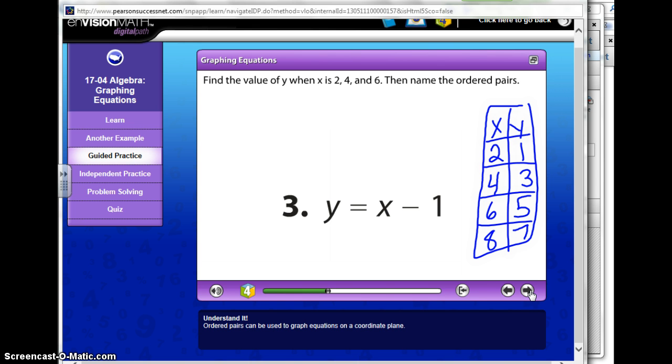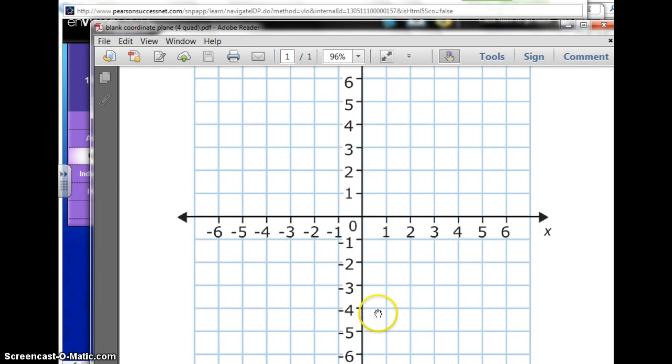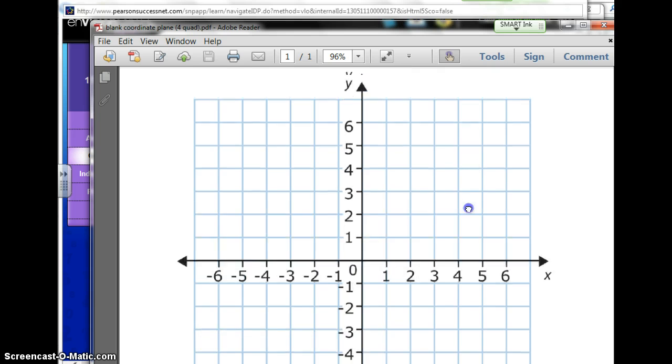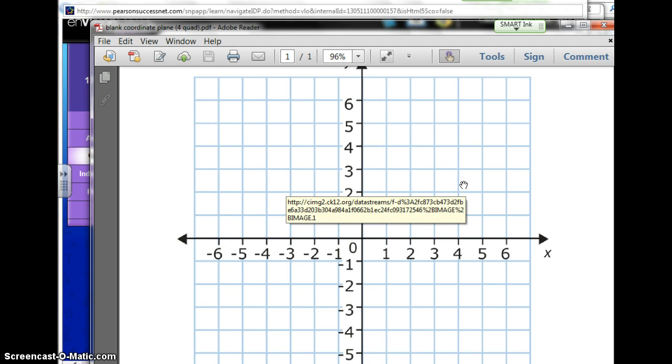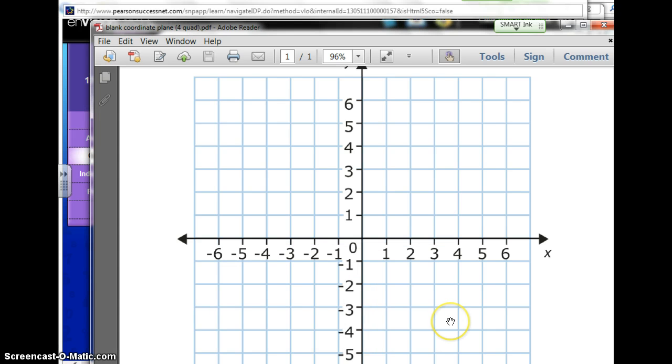Now it's our job to go back and graph with a different colored pencil, the one that's in your hand now, these 4 ordered pairs. They're not negatives, Natasha, so you can't graph them in the negative quadrant. You're going to be in the same exact quadrant. This is what you all have, correct?